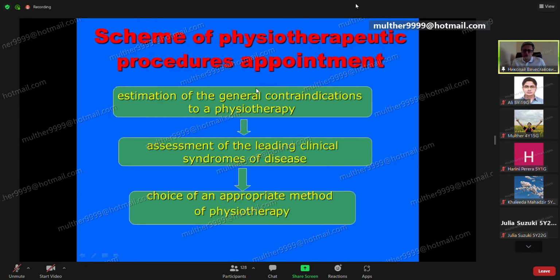According to this syndrome, we can choose the most appropriate method of physiotherapy. And of course, after completing the course of application, we can estimate the effectiveness of this method or combination of different methods.